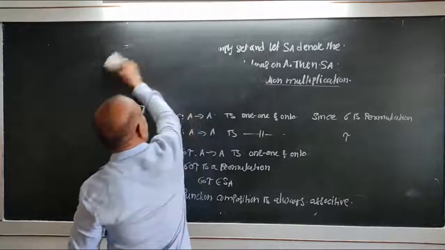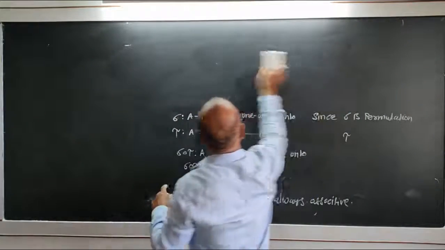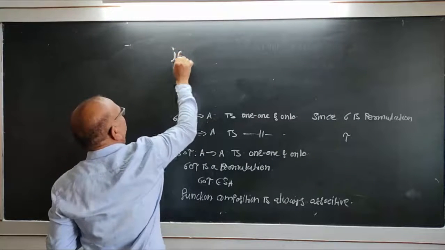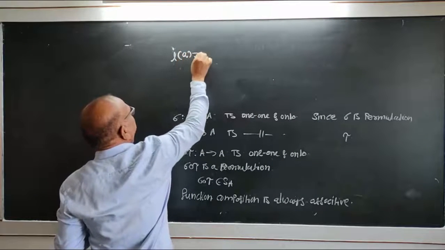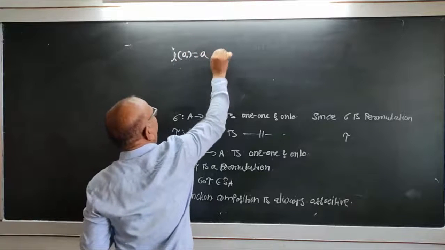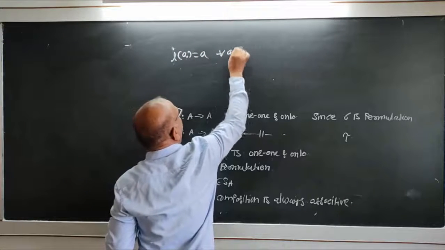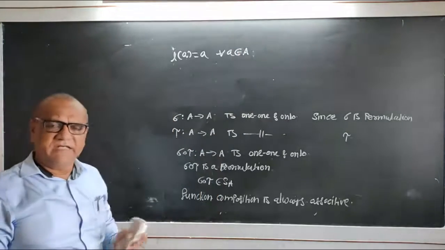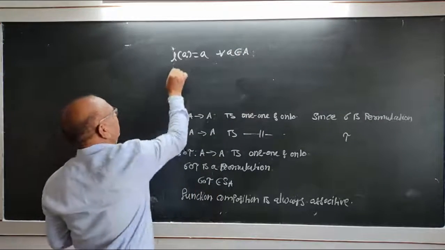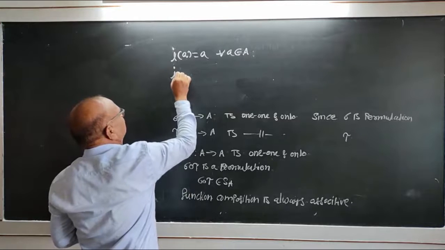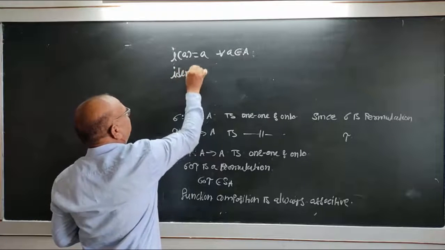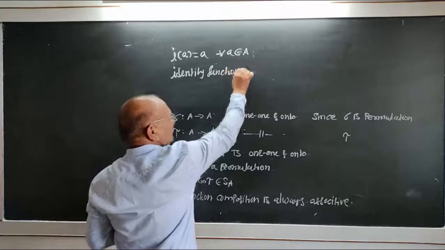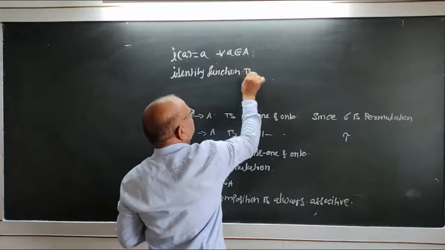Now, the identity function I of a is equal to a for all a belonging to A. The identity function is also a permutation. The identity function is 1-1 and onto, and so it is a permutation.